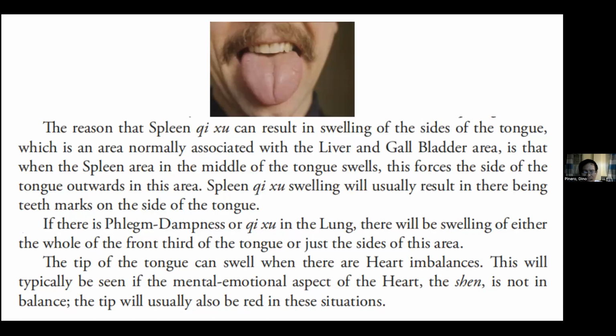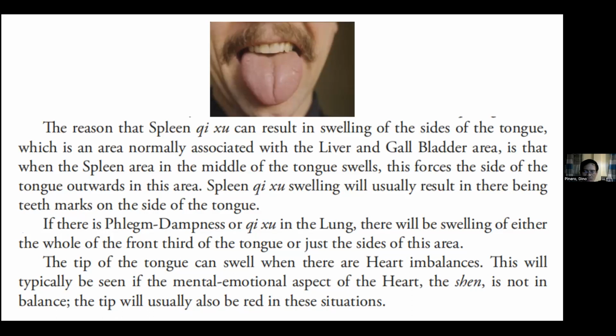The tip of the tongue can swell when there are heart imbalances. So when the tip of the tongue swells, this indicates a heart imbalance. This will typically be seen if the mental emotional aspect of the heart, the shen, is not in balance. The tip will usually be red in this situation.